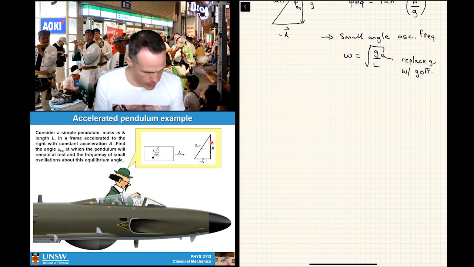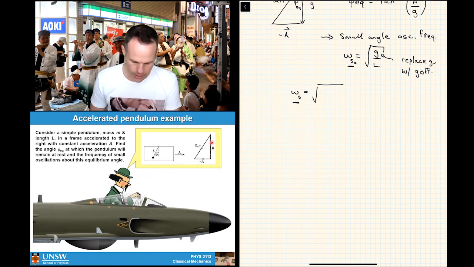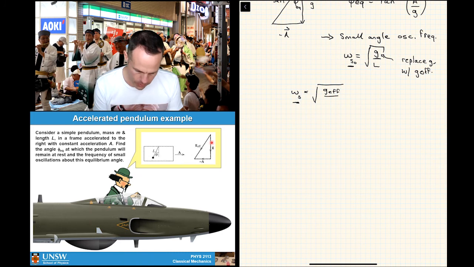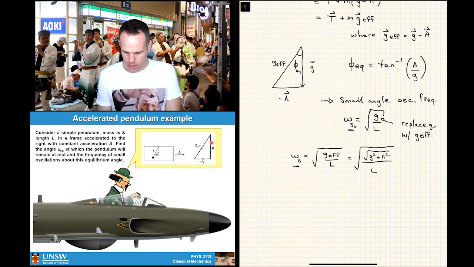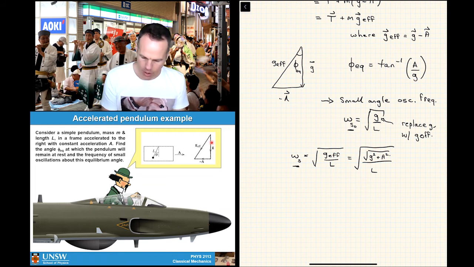So our omega here will be, let's make it clear, in the inertial frame S naught up here, and in the non-inertial frame, w/ S down here, it will be G effective on L, so this would be the square root of the square root of G squared plus A squared over L. And of course, this G effective in here, we can get by Pythagoras' rule, right?